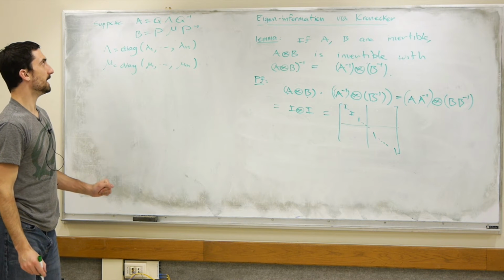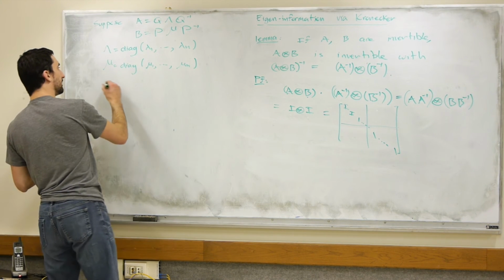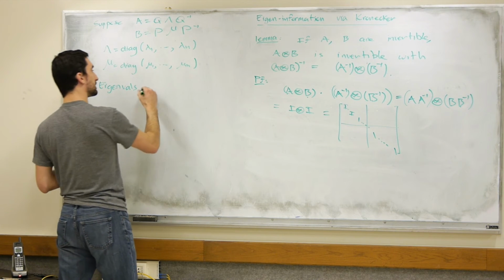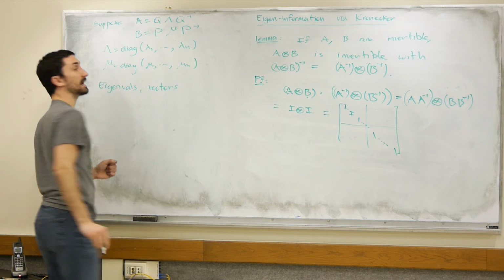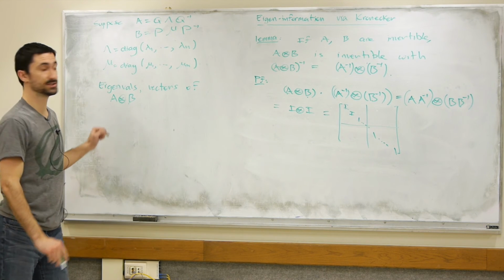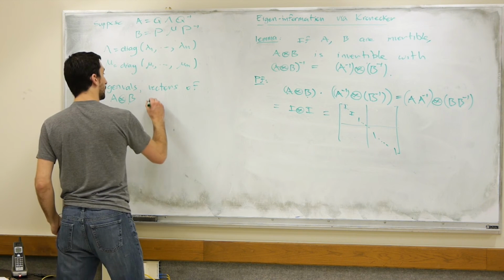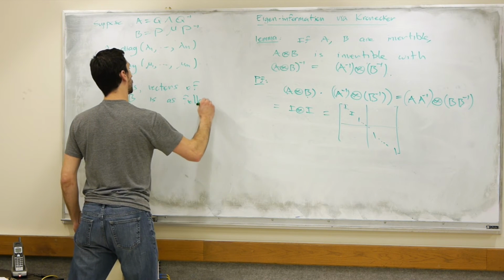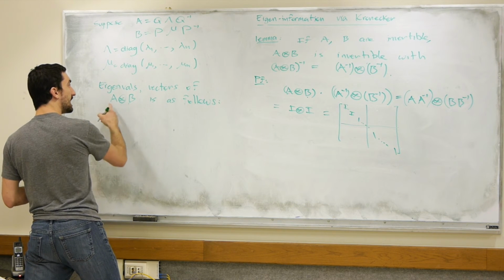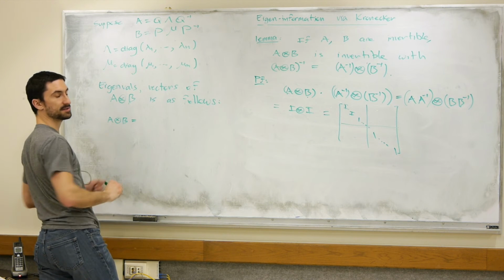Okay. Then we'll see, using that property, that the eigenvalues and eigenvectors, the complete eigen decomposition of A Kronecker B is determined entirely by the eigenstructure of A and of B. I claim that we can diagonalize A Kronecker B as follows.